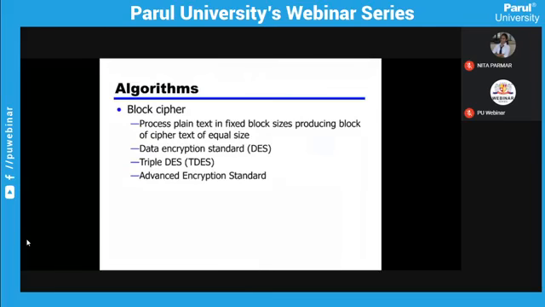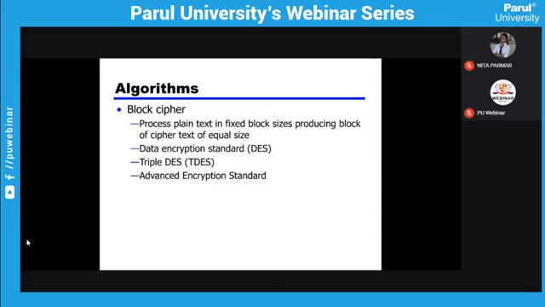And for encryption algorithms, in the first slide we saw Julius Caesar's algorithm, that was a block cipher algorithm, in which he shifted three steps up. Plain text was shifted three steps up.